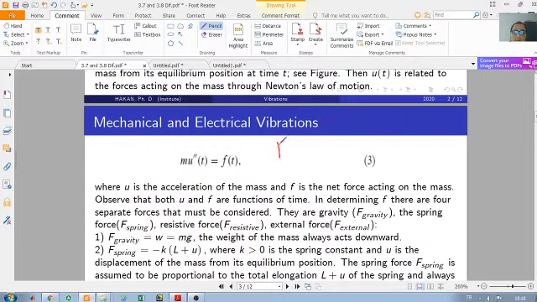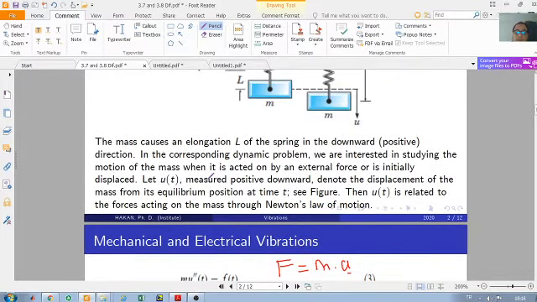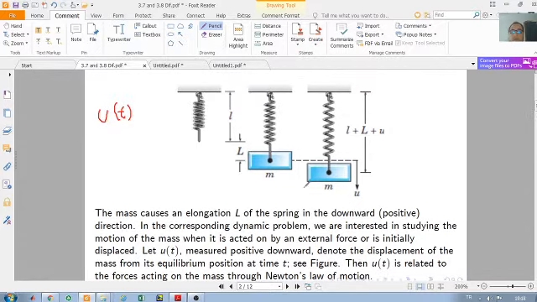First, let's remember the formula for the net force. It is the multiplication of the mass and the acceleration a. And if you remember, the acceleration is the second derivative of the displacement if the object moves along a straight line, and you see it is moving along a straight line.